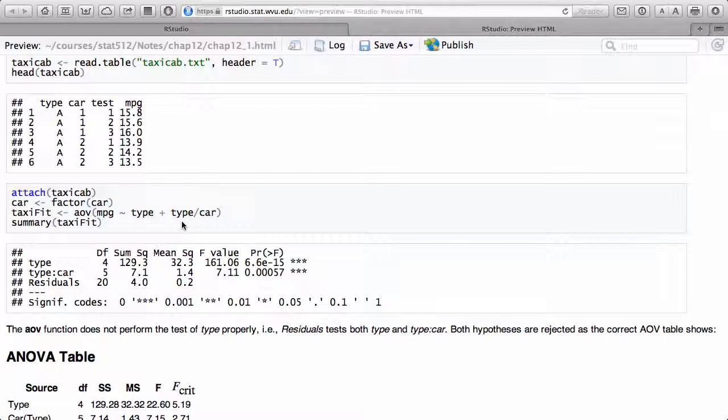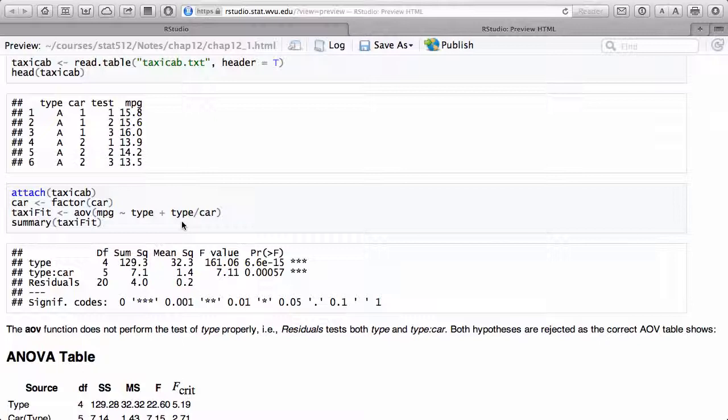That means car within type. That's a nesting. I've nested car within type. In other words, the car is specific to a type. Car 1 of type A is not the same car as car 1 of type B. They are different cars. They couldn't be. Okay?